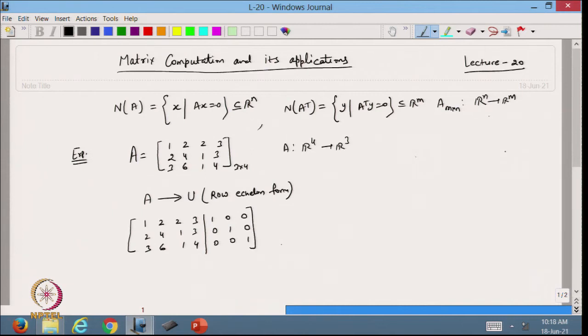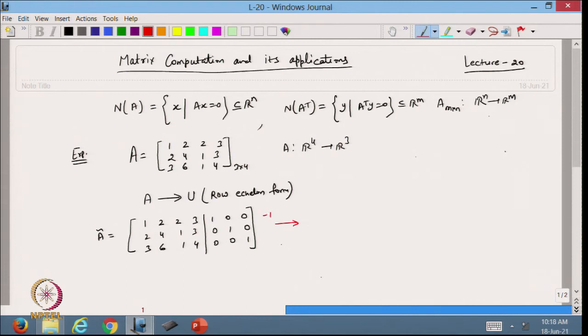So I have taken this matrix, and I call it A bar. Now I want to convert this into the row echelon form. First of all, I will try to make this element 0 and this element 0. So I will apply this row operation.